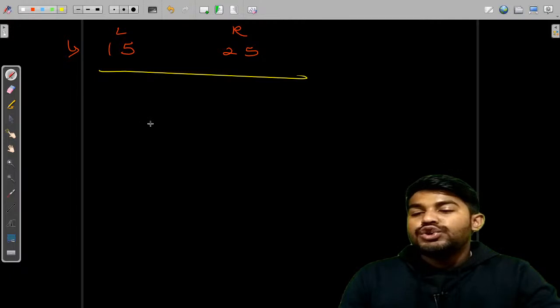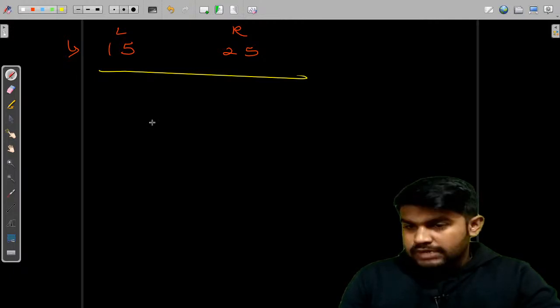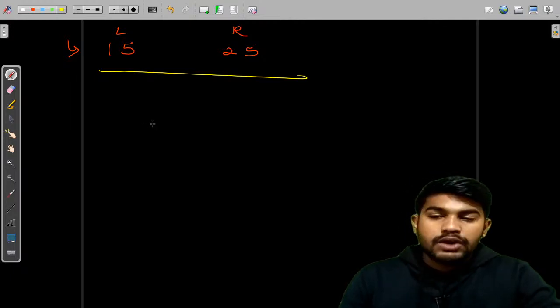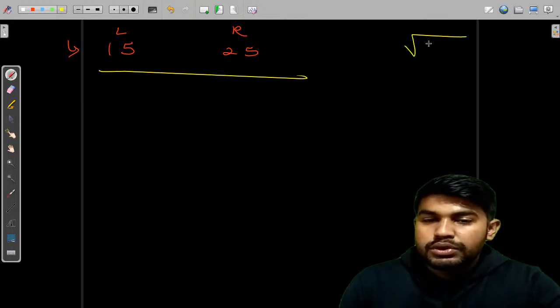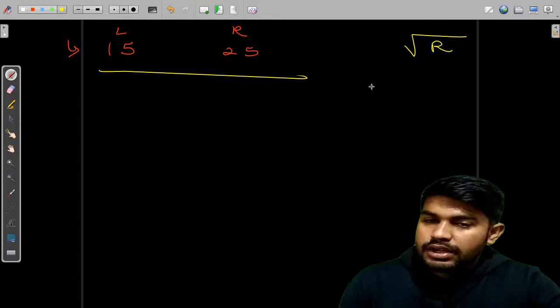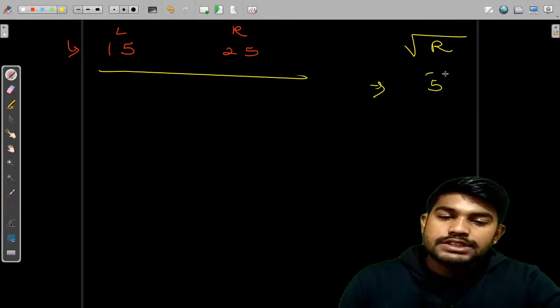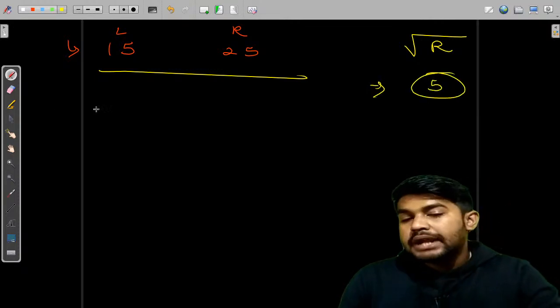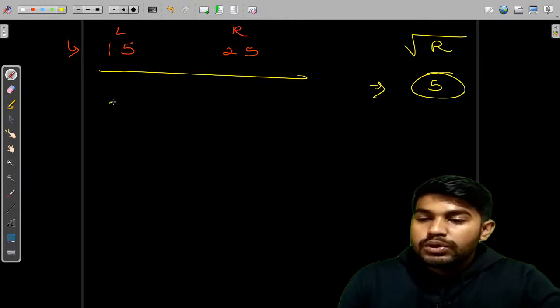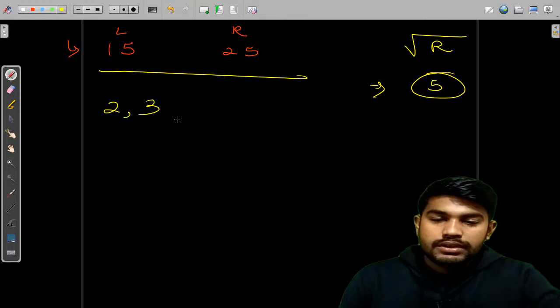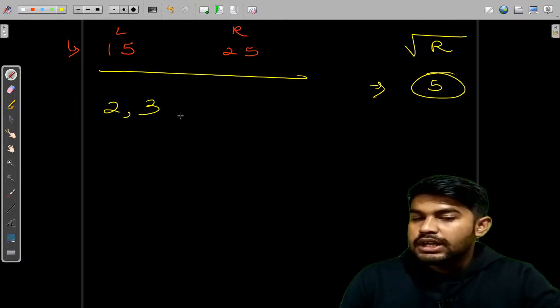Now you first take out the prime numbers of root of R. Root of 25 is equal to 5, and the prime numbers up to 5 are 2, 3, and 5; 4 is not there.